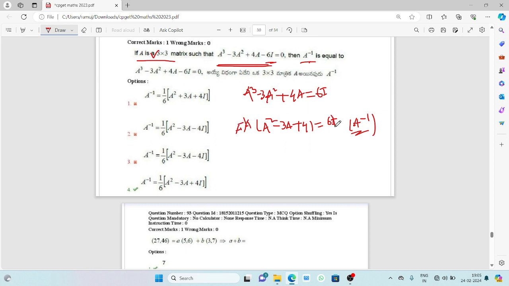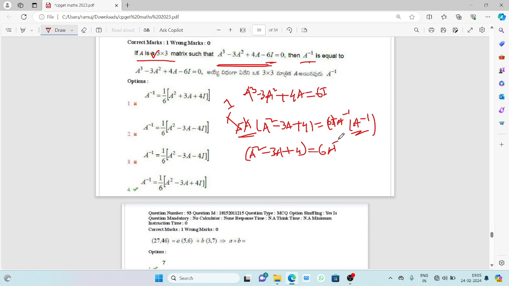A and A inverse go to identity, so we no need to write that, because multiplying with identity gives the same term. So we get A square minus 3A plus 4 is equal to 6 A inverse.